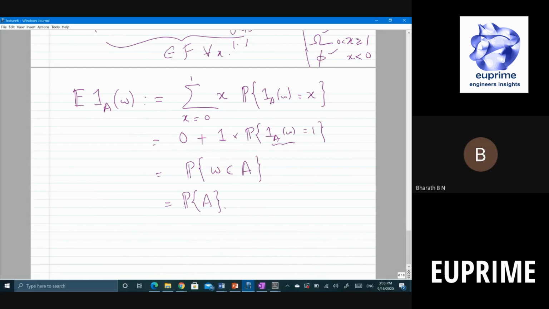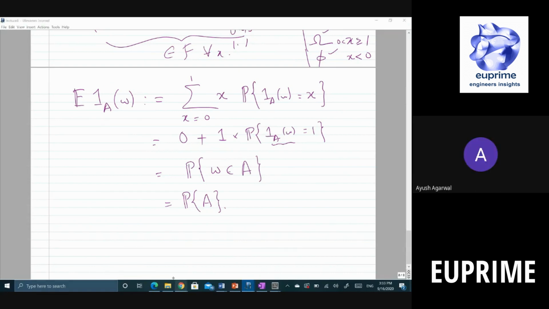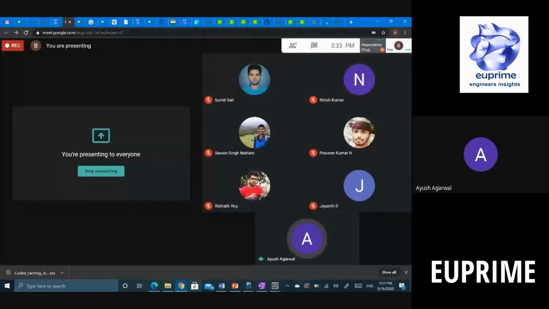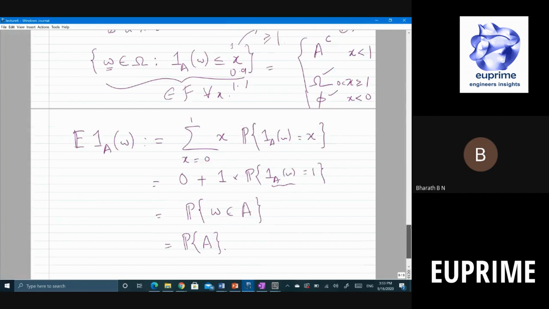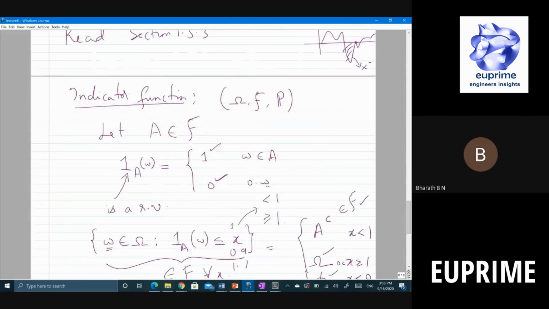Is that fine? Any questions? Sir, I have a question. When the indicator of A of omega is 1, then it should be the sample space only. No. When will it be 1? Whenever omega belongs to A, right?